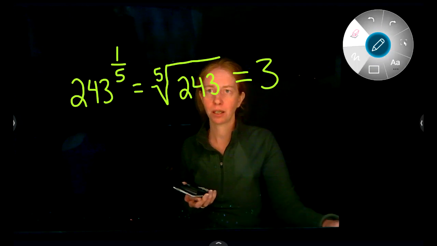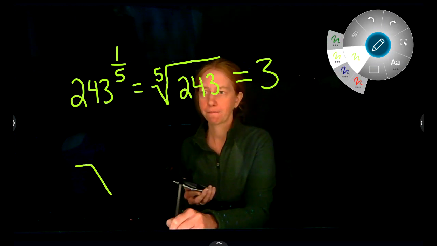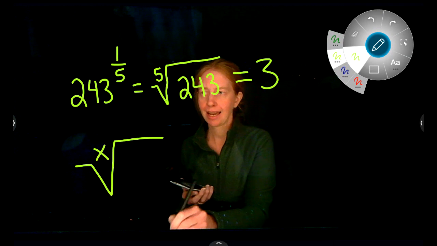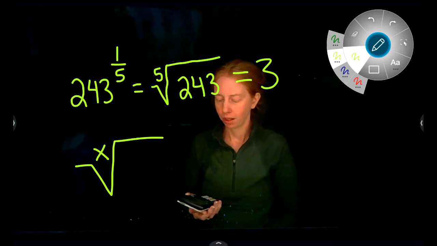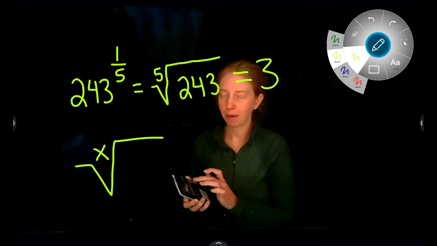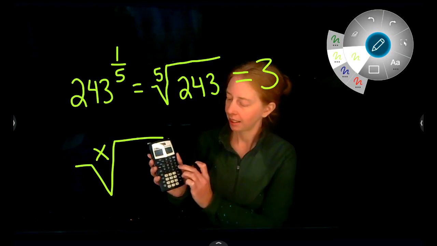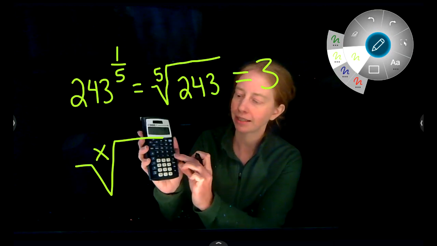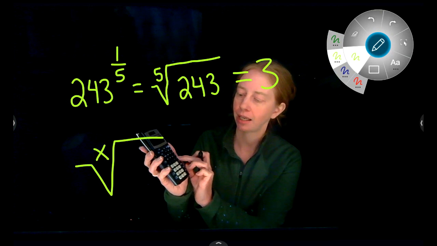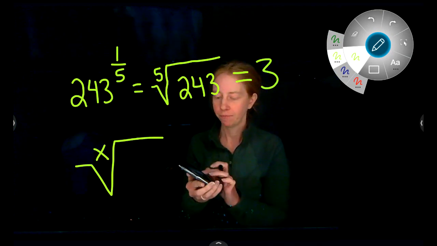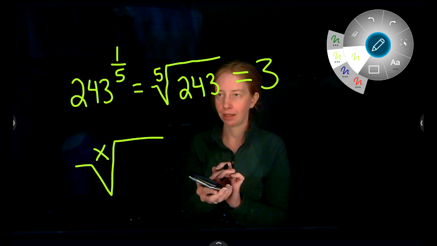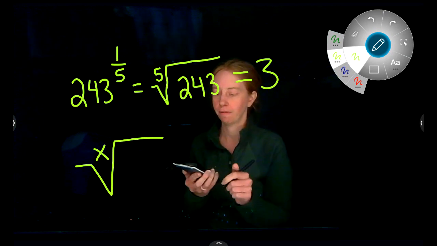Oops, I'm still on marker eraser. Okay. Mine says x like that. And so what I have to do is mine is on the second key because it's the little tiny blue one that's above my exponent symbol. Okay. So I'm going to press second, and then I'm going to press my exponent button that gives me this.